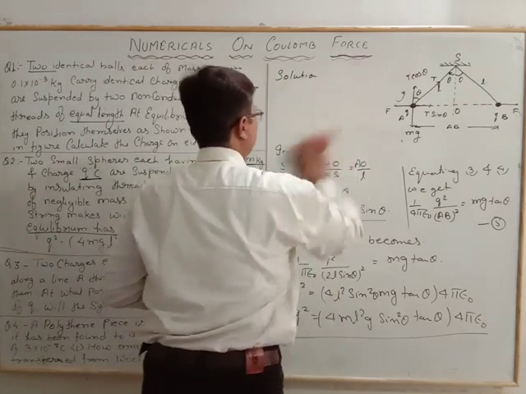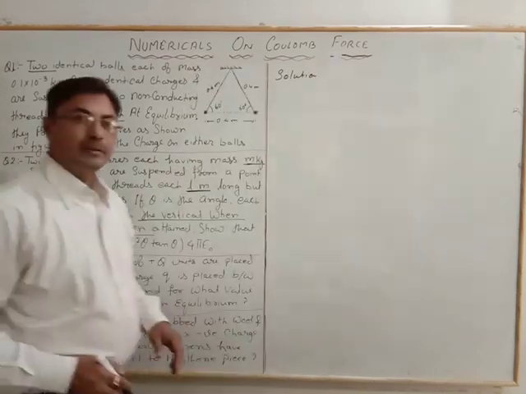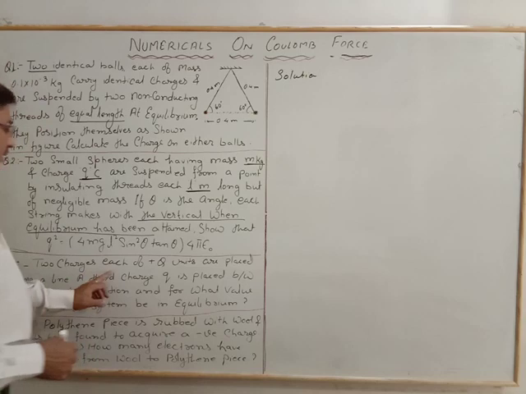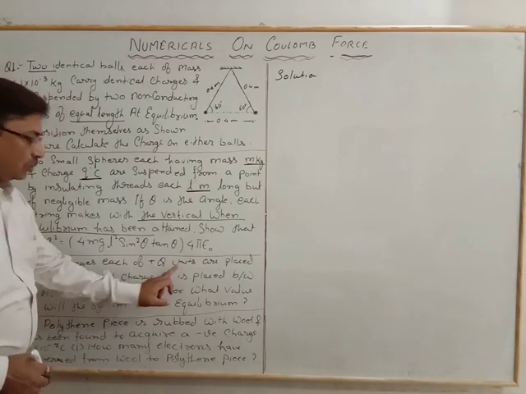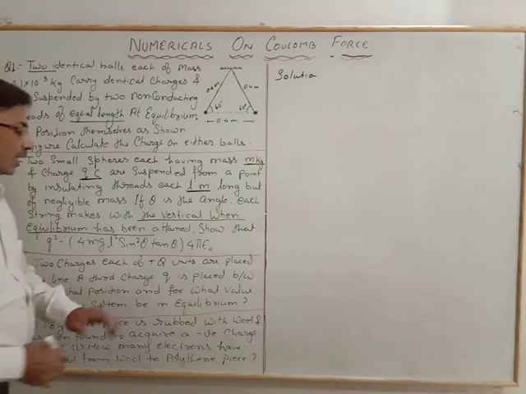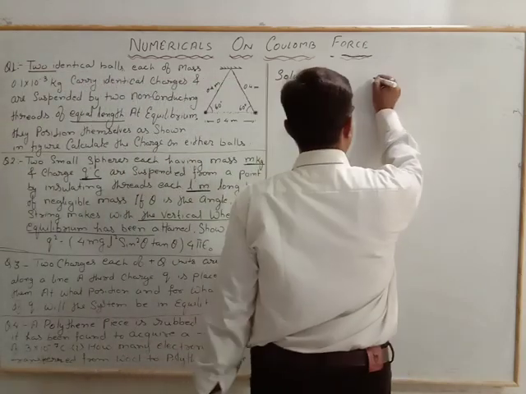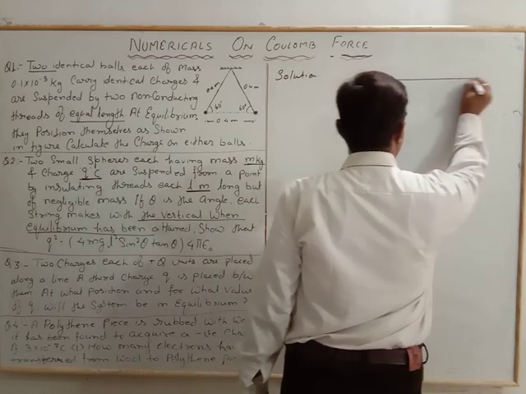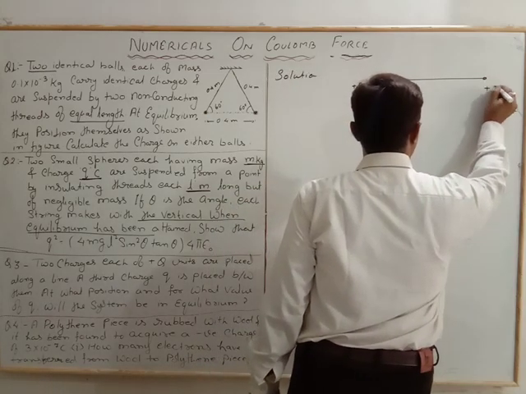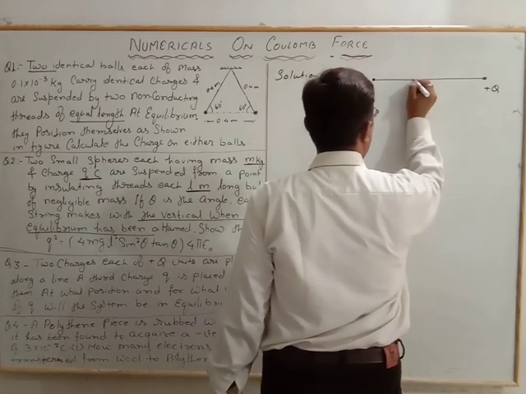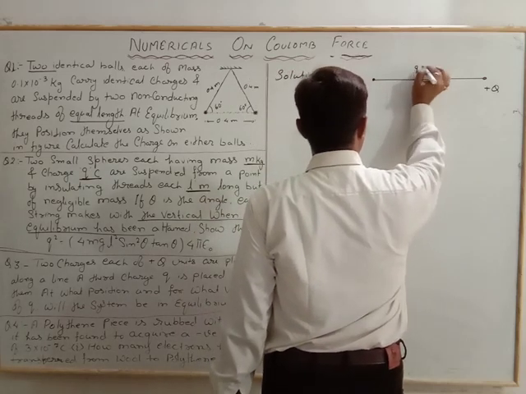Now we see solution number 3. Two charges each of plus Q units are placed along a line. A third charge q is placed in between. This is the arrangement: this is the plus Q charge, and here also a plus Q charge. Anywhere in between on the line there is the small q.